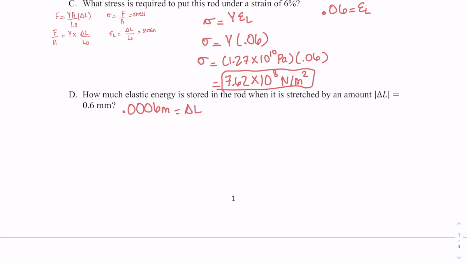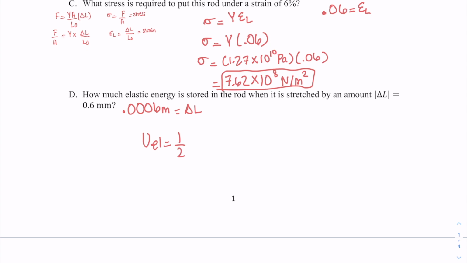Now it's asking for how much elastic energy. If you remember elastic potential energy, that was U_S, but let's use U_EL, and that's equal to half k x squared.